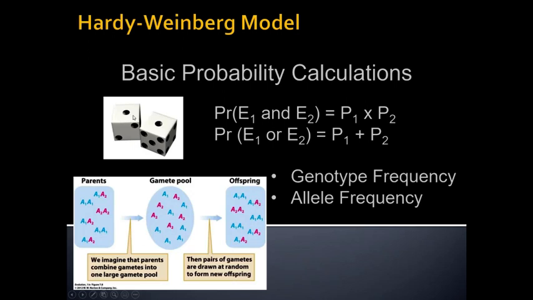Now, some numbers, like 7, have different numbers of combinations. So if we're going to figure out the probability of rolling a 7, then we need to now use both union and probability. Now, we don't really care about dice for this class, so I'm not going to get into details of how to do that, but we're going to look at this for alleles in a gamete pool. And so here is the key leap in logic that both Hardy and Weinberg figured out.